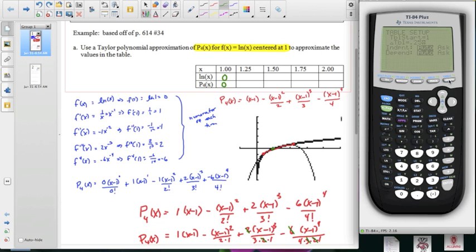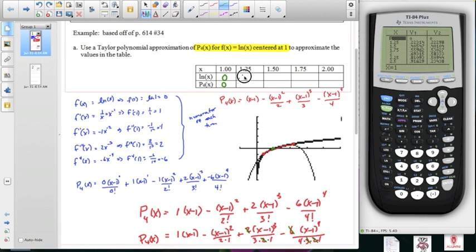And when we look at that table, we start to see those values for y1 and y2. So we have 0.22314. 0.22314 is the actual value of the natural log. The approximation is 0.22298.